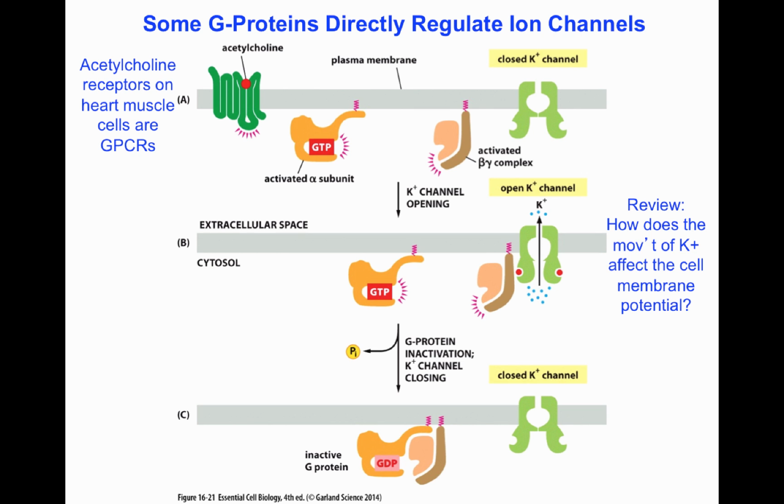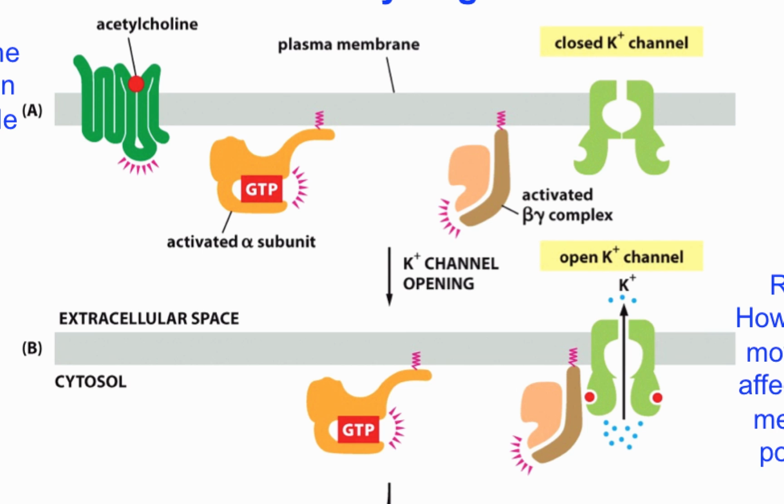Now, one of the things that we can see is that the G proteins are able to sometimes regulate ion channels. This is one of the examples that happens in muscle cells of the heart that bind to acetylcholine. So here, the acetylcholine receptor is a different kind of receptor than the one found in skeletal muscle. It's not a ligand-gated channel. It is a 7-transmembrane receptor.